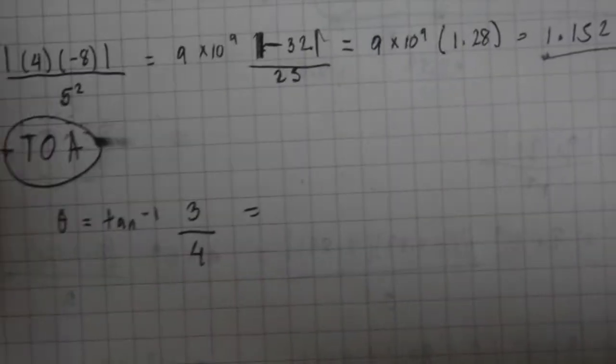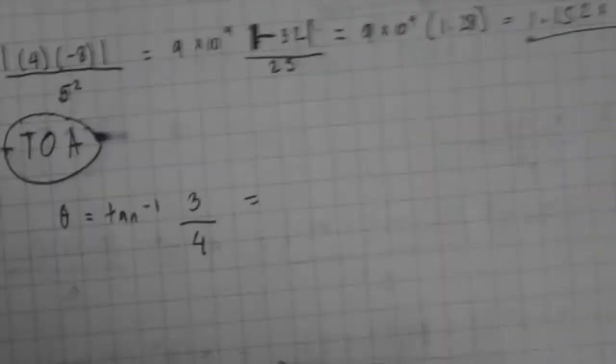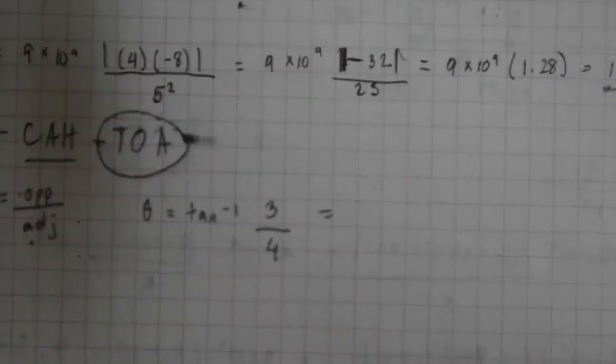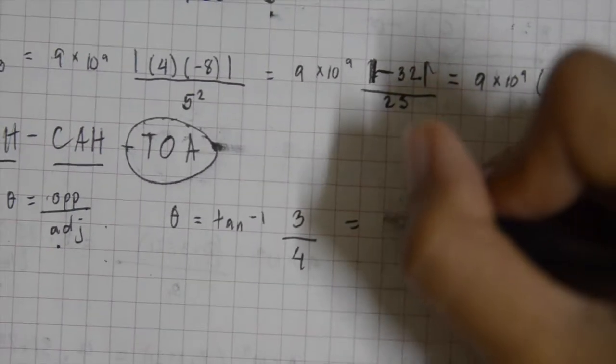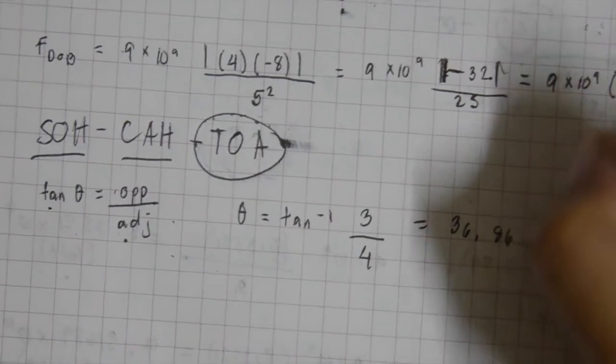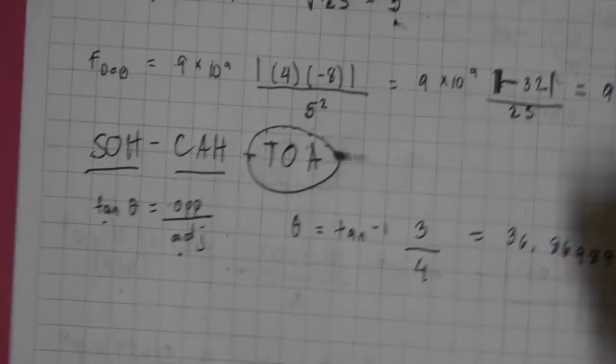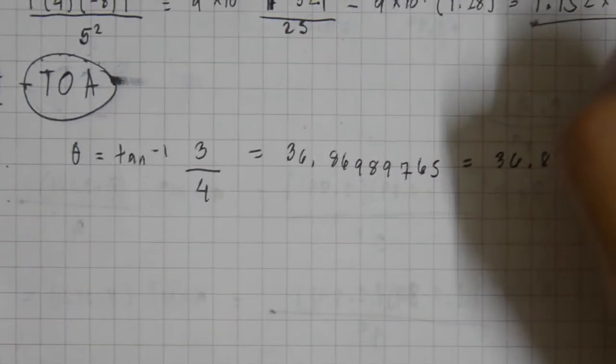When we input that to the calculator, we will get the answer 36.86989765, or we can just say it's 36.87 degrees.